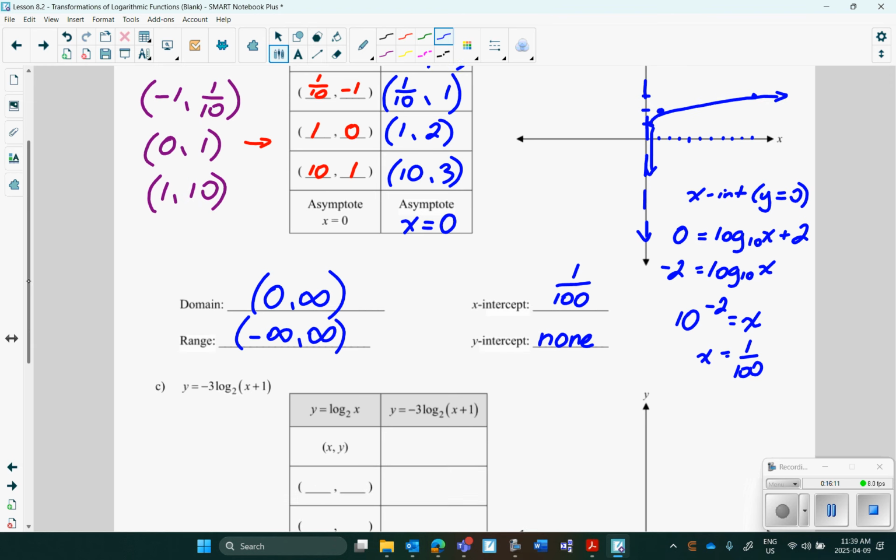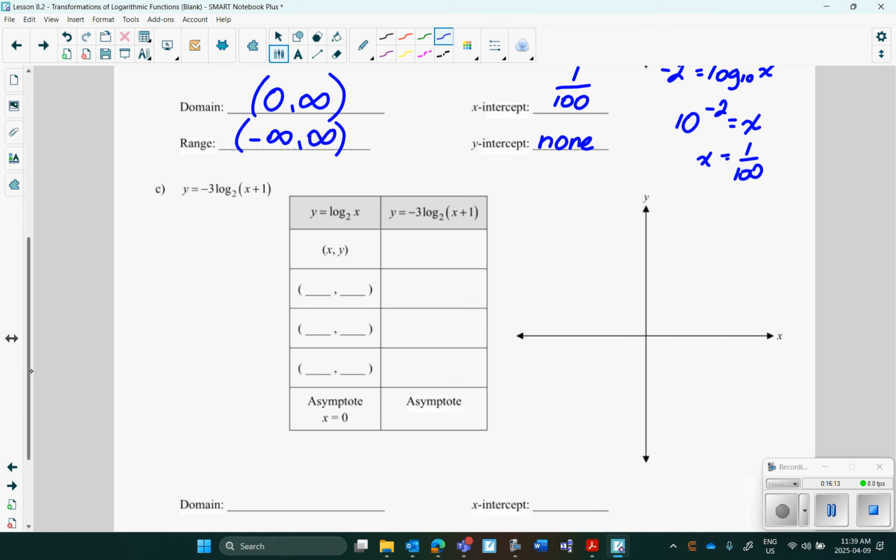Okay, last example, we're doing a bit more to this one. What do you want to do first? 2 to the x. Remember, inverse of this is just 2 to the x.